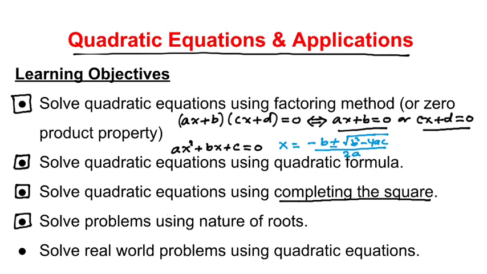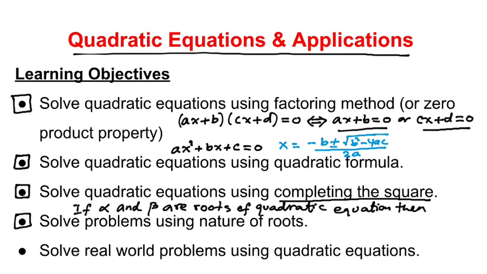So in this one, what we need to know is, if alpha and beta are roots of a quadratic equation, then the quadratic equation will have this form: x squared minus the sum of roots multiplied by x plus the product of roots equal to 0.